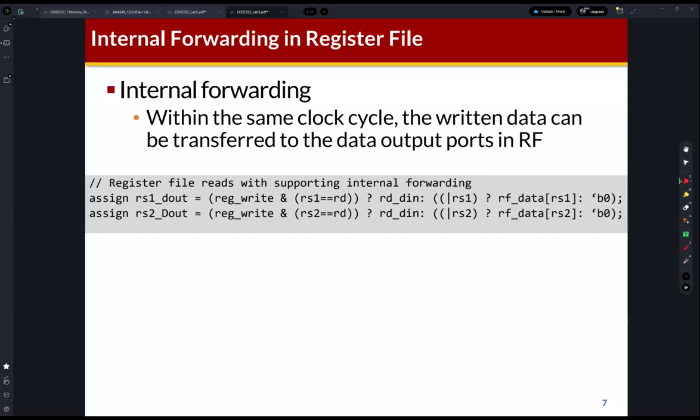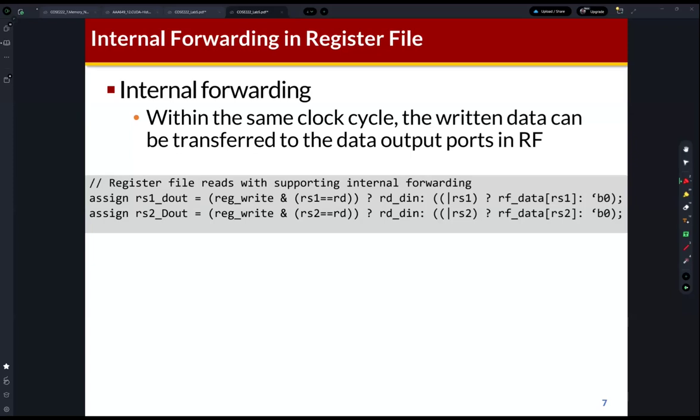I just provide all the complete modules. But you can find that the register file is changed, because we require internal forwarding. So internal forwarding is defined like this.